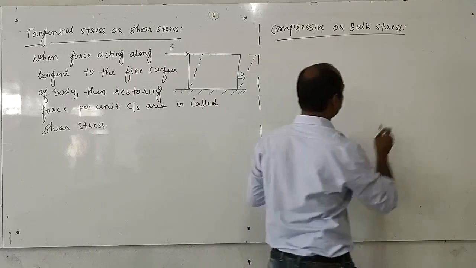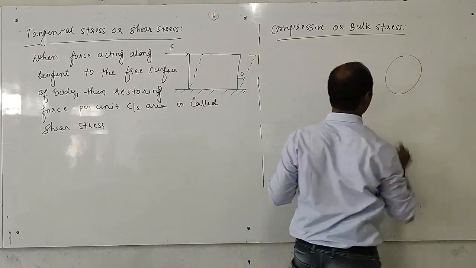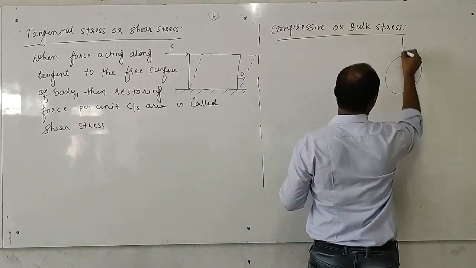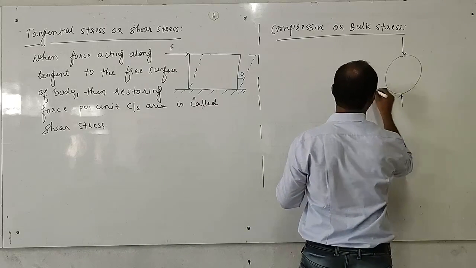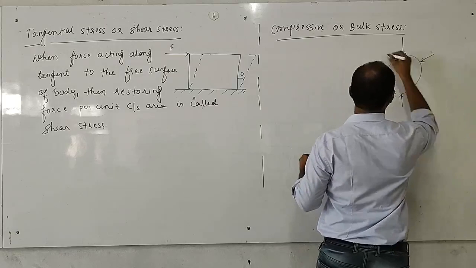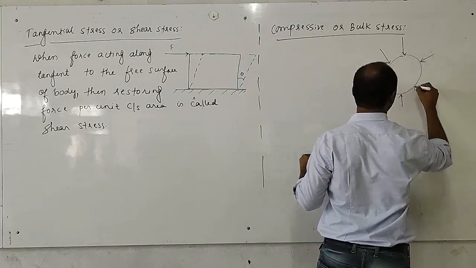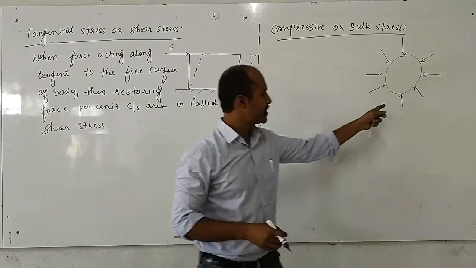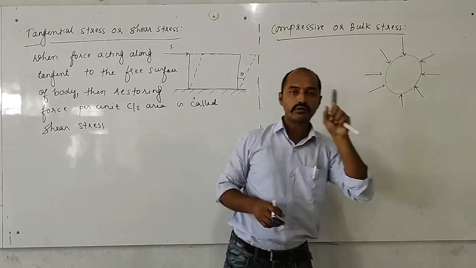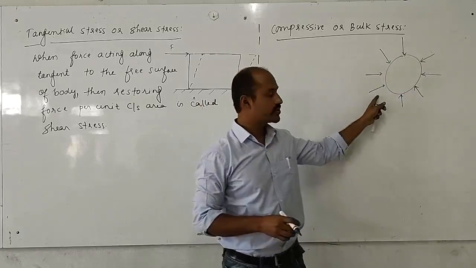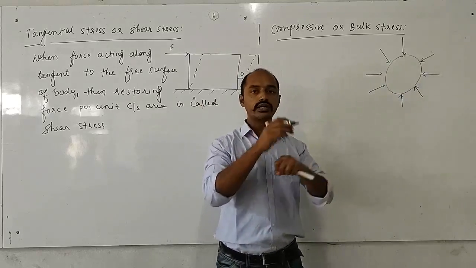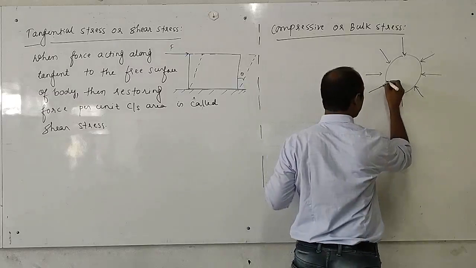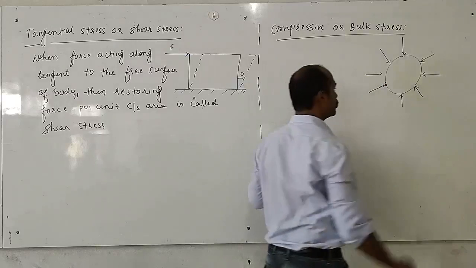So if I take a body, circular body or any shaped body, if force is applied from all the directions, and whatever forces are applied here, these are all equal in magnitude, and these forces are perpendicular to the surface. If it is acting here, it should be perpendicular to this surface.